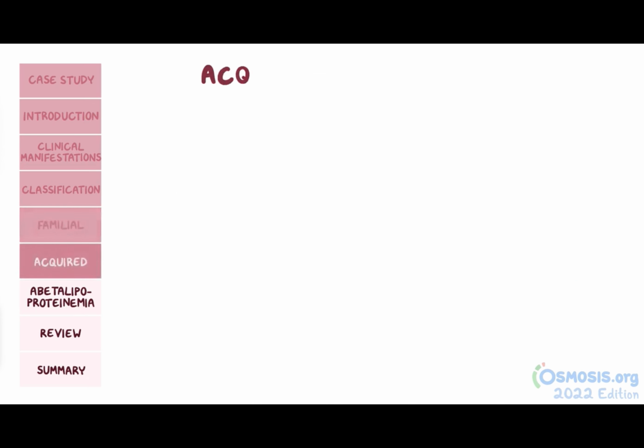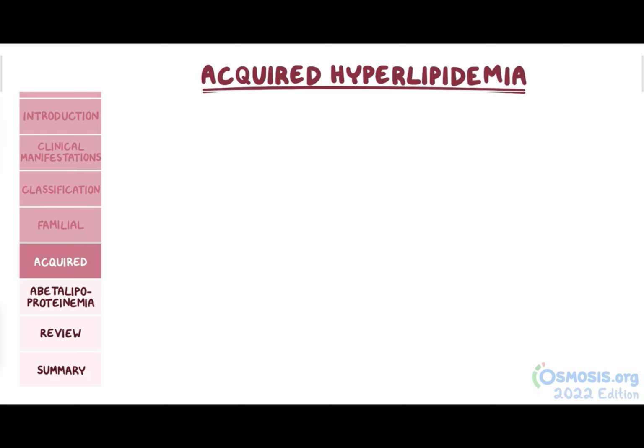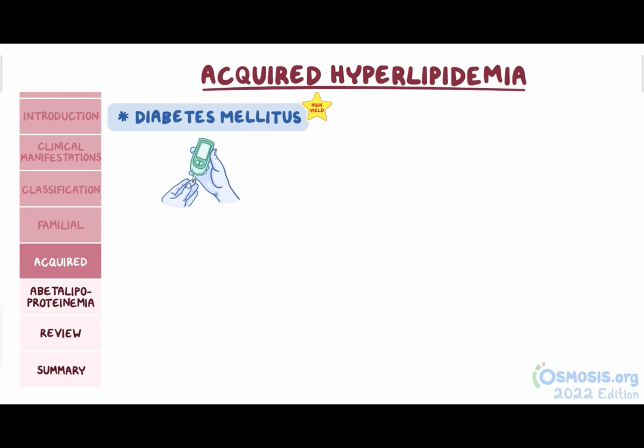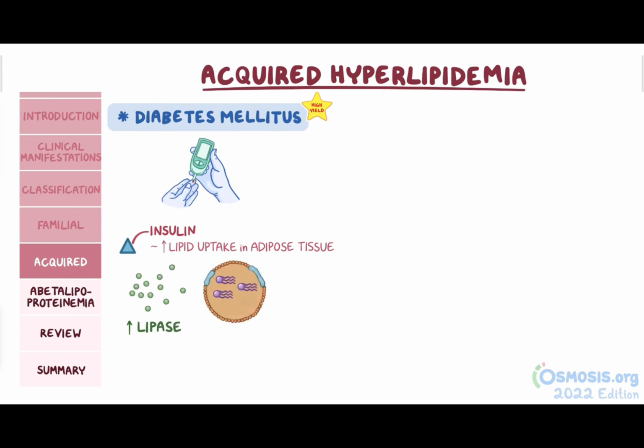Alright, on to the acquired causes of hyperlipidemia, starting with the most common cause, diabetes mellitus. Normally, one of the functions of insulin is to increase lipid uptake in adipose tissue. It does this by increasing the activity of lipoprotein lipase to liberate fatty acids from VLDL and chylomicrons.